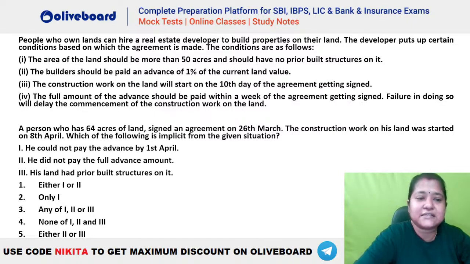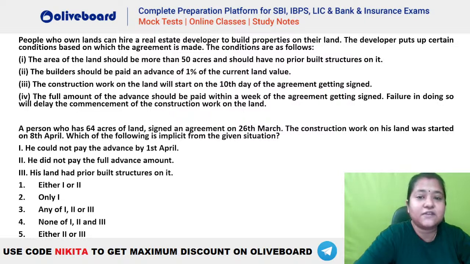Okay. Third says the construction work on the land will start on the 10th day of the agreement getting signed. So that means whenever the agreement is getting signed, the construction should start on the 10th day here. Okay. Fourth one क्या कह रहा है? The full amount of the advance should be paid within a week of the agreement getting signed. So that means once the agreement is signed, the complete amount should be paid in advance.